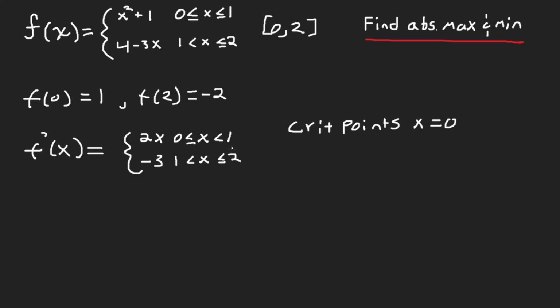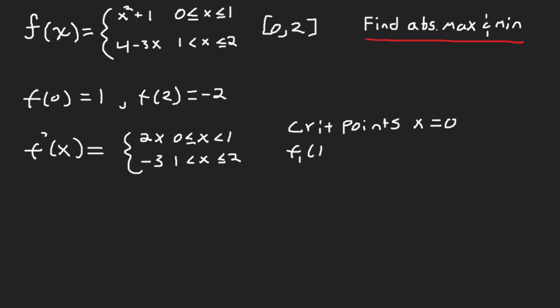However, there's one more place we need to check, and that is for when x equals 1. So for something to be differentiable, it does need to be continuous. And so if we evaluate f of 1 on both of these equations, they should equal each other, or else the derivative does not exist. So I'm going to call this equation 1 and equation 2.